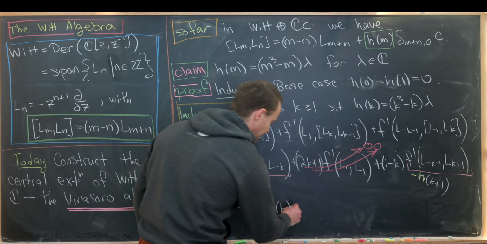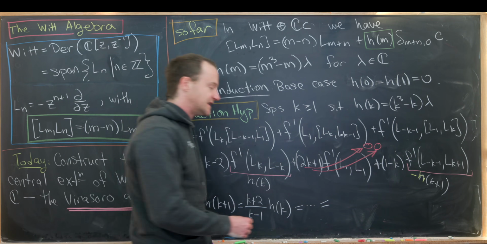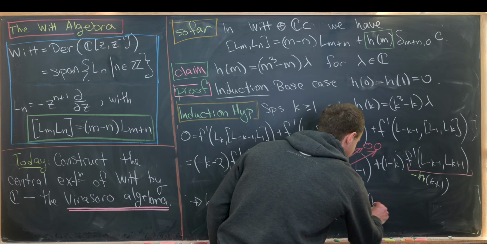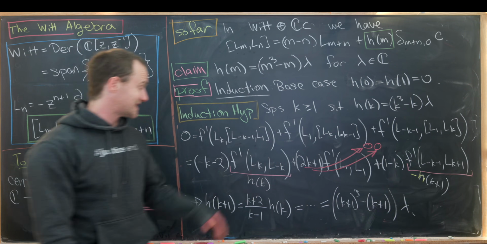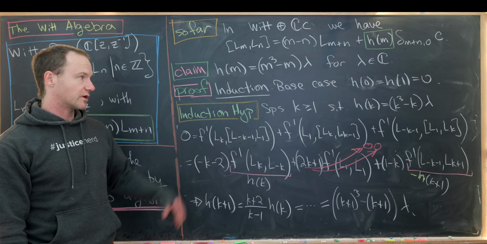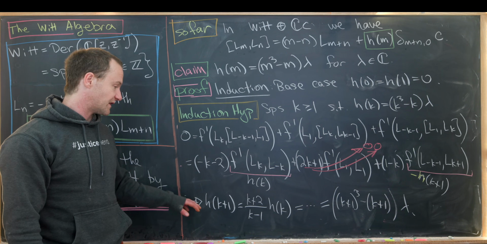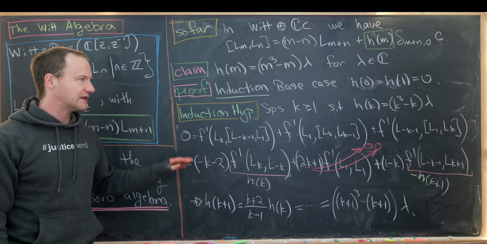And then it's just fairly simple arithmetic, which I'll let you check, to see that we end with (k plus 1) cubed minus (k plus 1) times lambda, which is exactly what we need in order to finish this induction proof. So in other words, we've got h totally determined. You might say, well, what about the negative values?